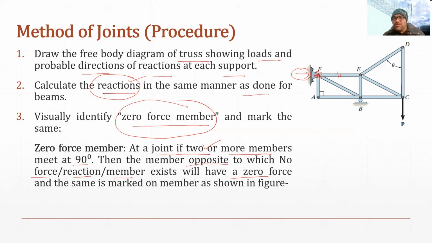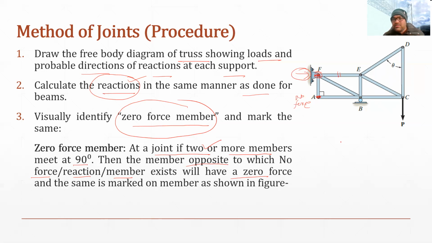Similarly, if we talk about member FA, you can see member FA is connected with member AB at joint A. Now, if we consider joint A, opposite to member AB, there is no force, there is no member.